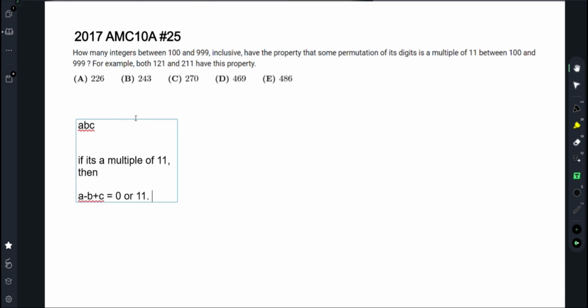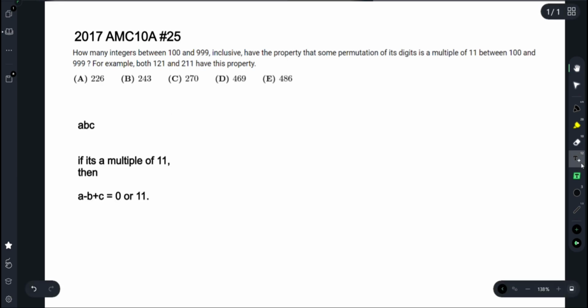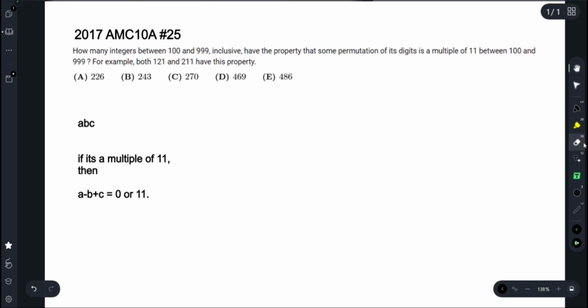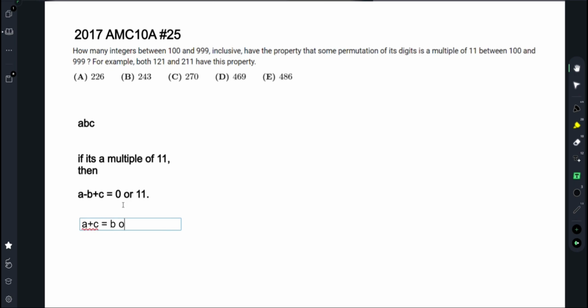And that's just the divisibility by 11 rule. So we could literally just list them out, because if A minus B plus C is equal to 0, then A plus C is equal to B, or A plus C is equal to 11 plus B. There's not many possible choices for this.